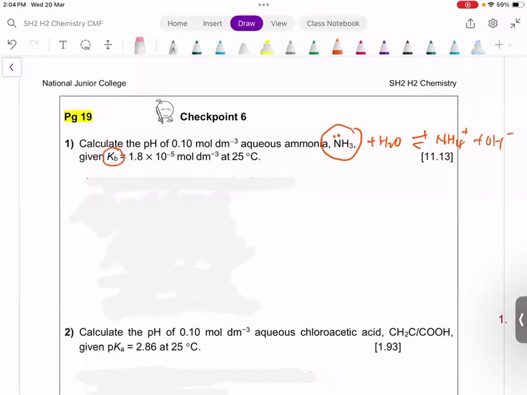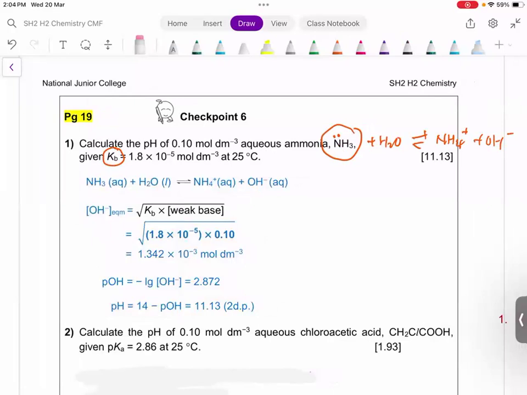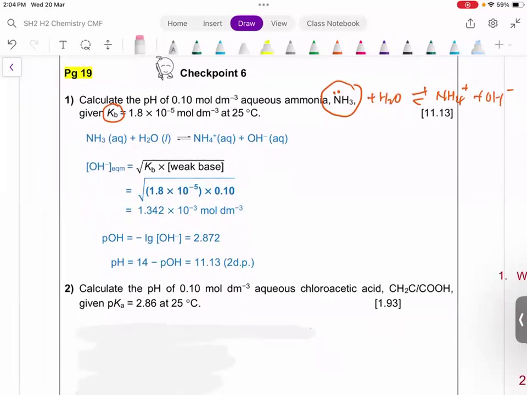So you just plug in the square root of Kb times the concentration of the weak base, and you take this to be the initial, because usually the percentage that dissociates is rather small. If you look at the previous example, the part that dissociates is actually 1/100 of the original. Therefore you can make this assumption.